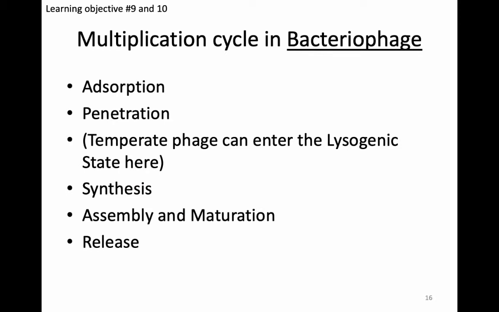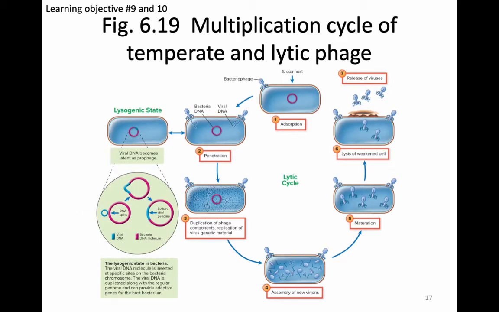The multiplication cycle in bacteriophage is very similar to the animal virus multiplication cycle, with the addition of a lysogenic state, which we will discuss in a moment. Figure 6.19 shows the multiplication cycle of temperate and lytic phage. So we'll first start discussing lytic bacteriophage, which start with adsorption. Their tail fibers attach to a receptor on the surface of their bacterial host cell.